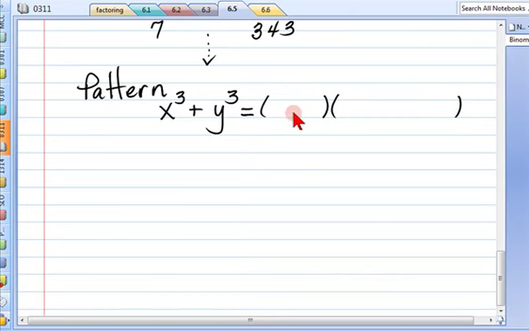In the binomial, what you always start out with is the cube root of the first one, x, the same sign, plus, and the cube root of the last one, y. So it's always the cube roots with the same sign.